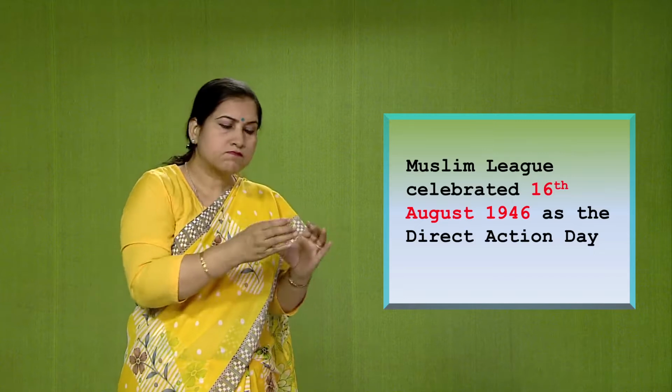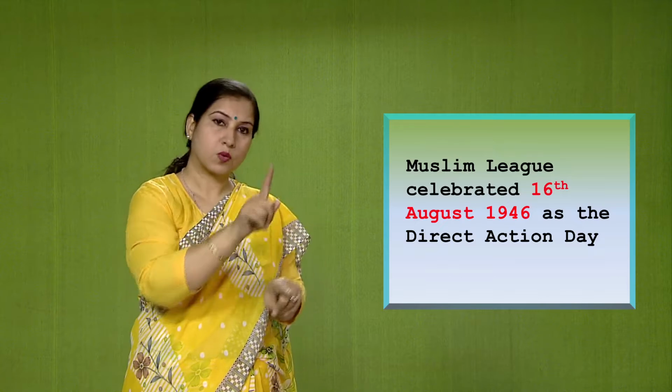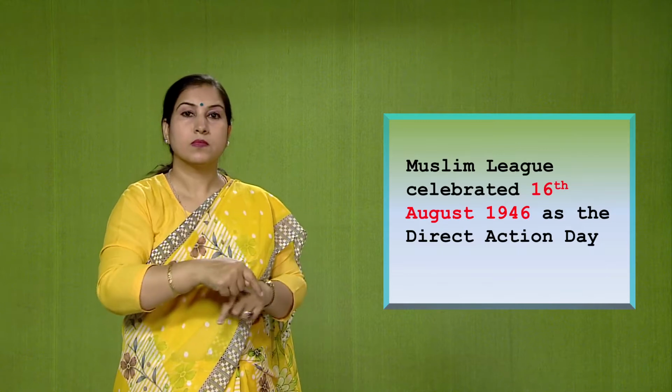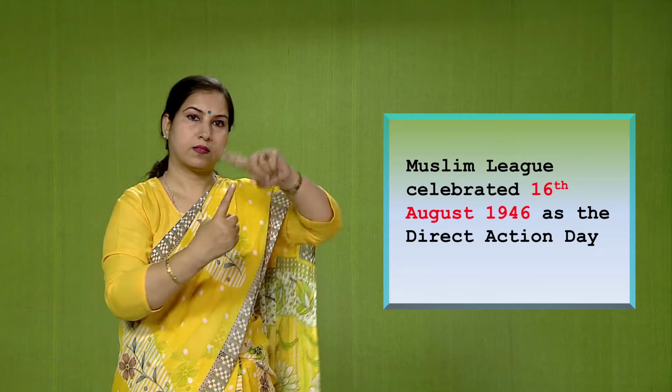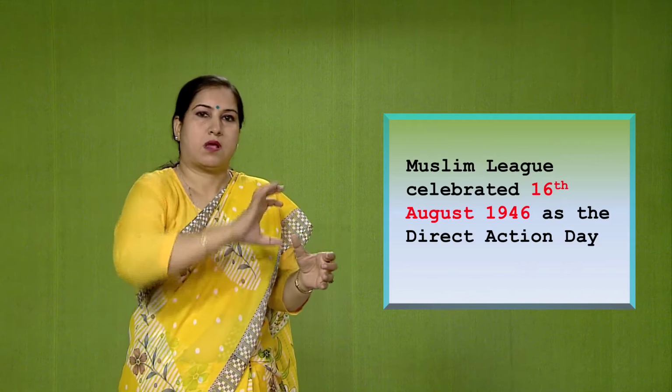Muslim League celebrated 16th August 1946 as the Direct Action Day. This was done by League to raise its demand for Pakistan. On this day, large-scale violence took place in Bengal. Thousands of people were killed in riots.